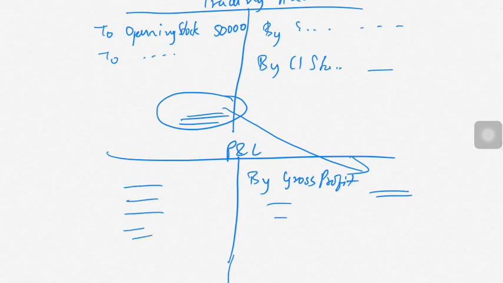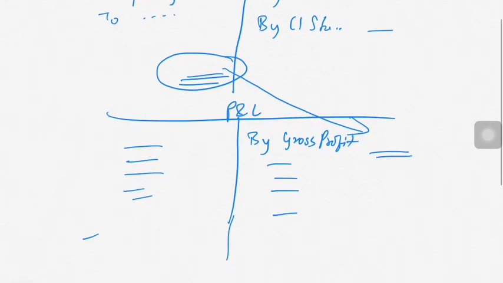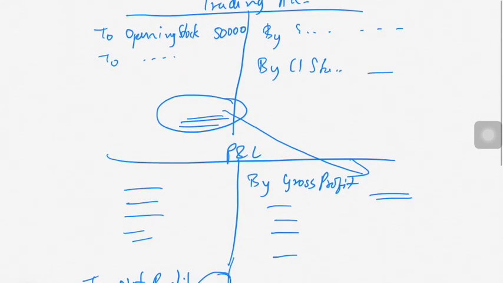You will write the same amount. You will write all indirect expenses, indirect income, if any. Then you will get net profit.